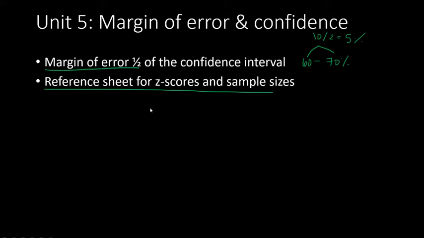For example, with those z-scores and sample sizes, they might tell you the population size and how many people will be sampled, and from that, just using their reference sheet, you'll be able to figure out what the z-score is. You'll be able to figure out the confidence interval or confidence level, rather, the margin of error, right? So given most of those criteria, you'll be able to figure out the missing thing that they want you to find.